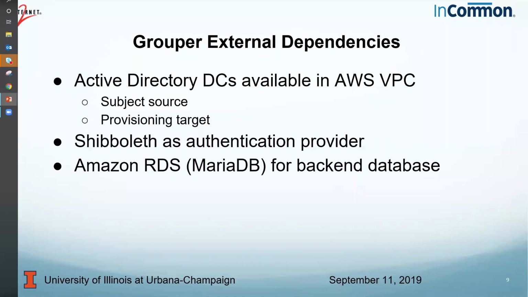So we have a very convenient cloud-to-cloud interface there, which can fail over to the on-premise DCs if there were to be a problem. Shibboleth, of course, is our authentication provider. And then as we saw in the diagram, we have the MariaDB as our backend database. Oh, and I should also add that the Shibboleth SP is already burned into Grouper as part of what's provided by the Trusted Access Platform.